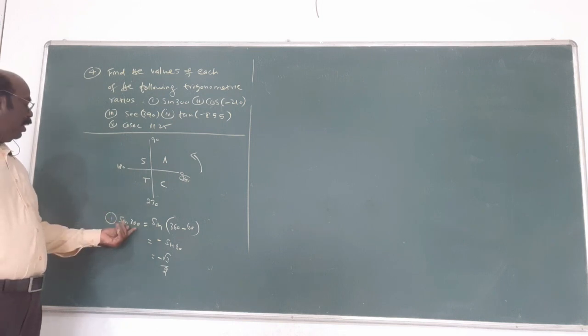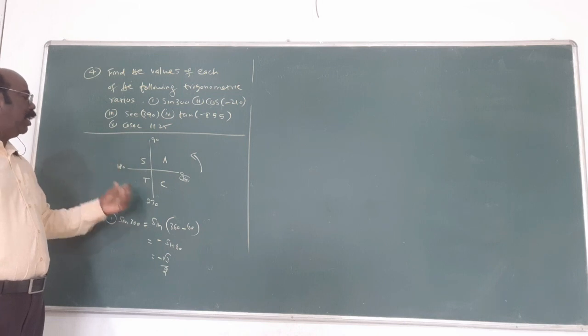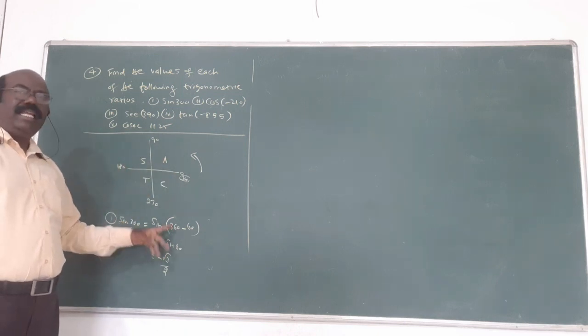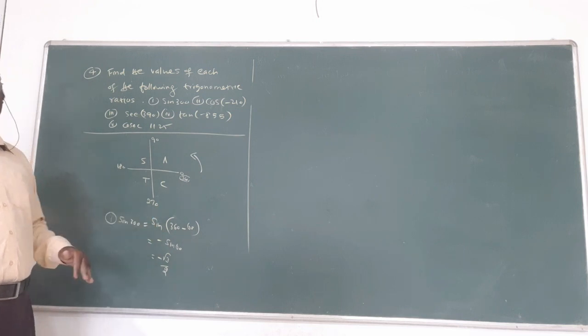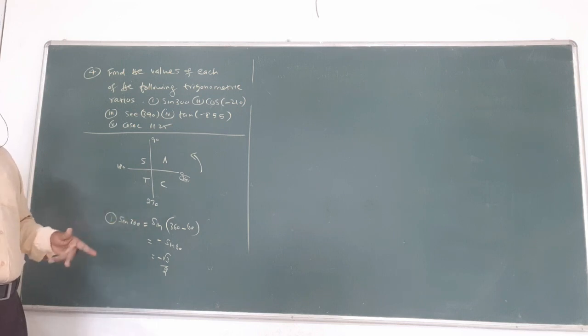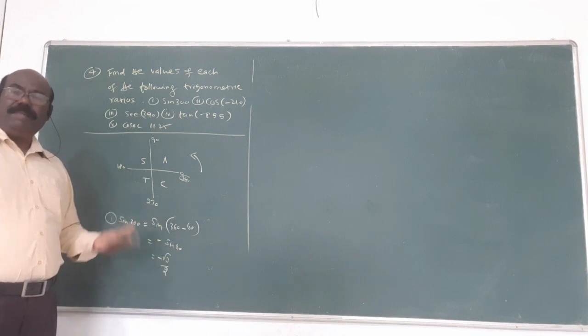First idea, you want to write the angle in terms of 0 degree, 90, 180, 270, 360. Afterwards, from the first angle, whether it changes or is unchanged. 0 degree, 180, 360, unchanged. Sine becomes sine, cos becomes cos, tan becomes tan. Suppose 90 degree, 270, odd number, it will be changed.